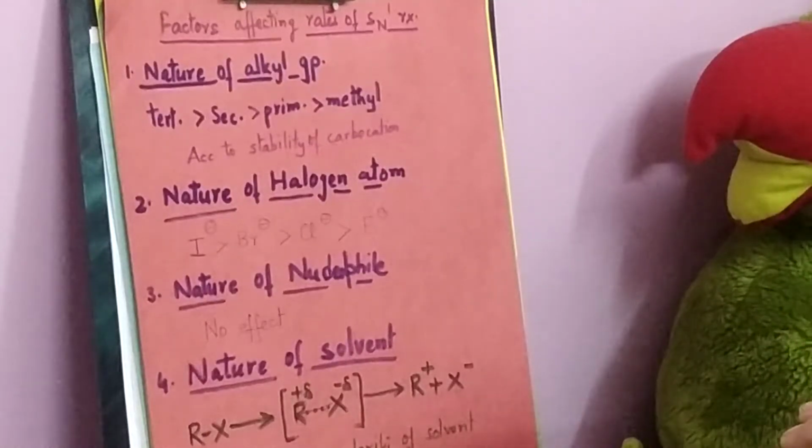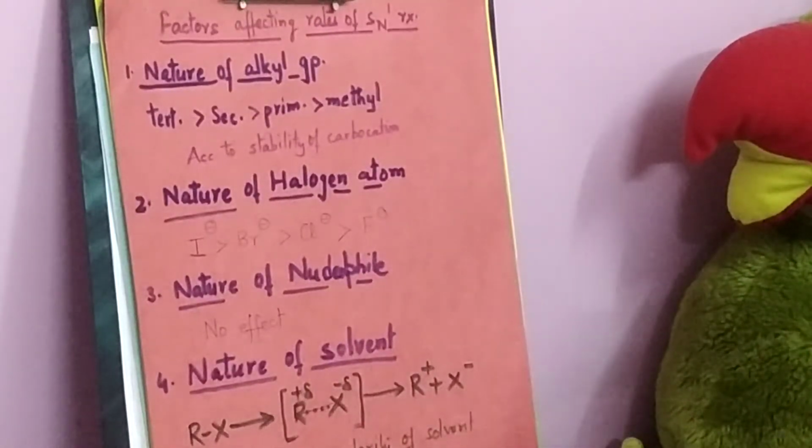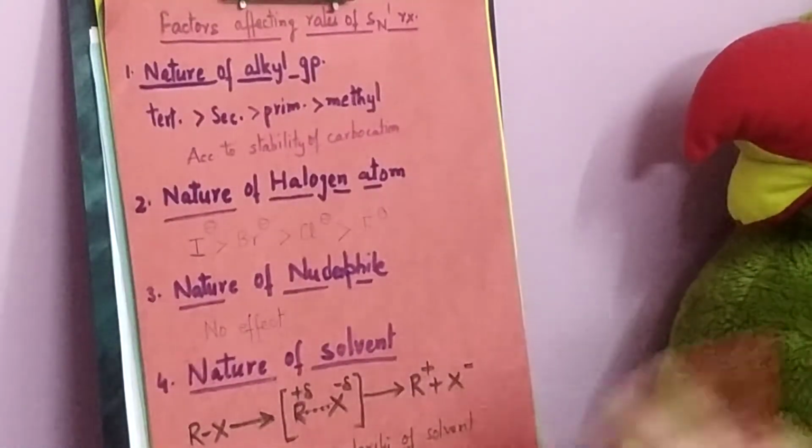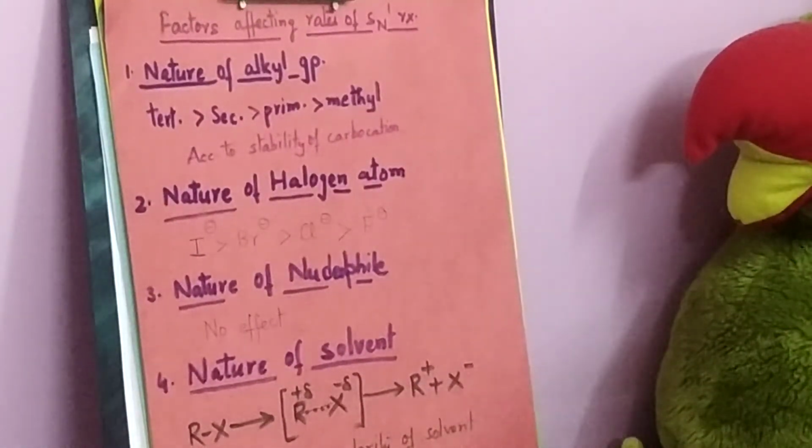Now, as the first step is the rate determining step, which does not involve nucleophile, the strength of nucleophile will have no actual effect on the rate of this reaction. Is it clear? The nature of nucleophile here, whether it's strong or weak, will not matter.